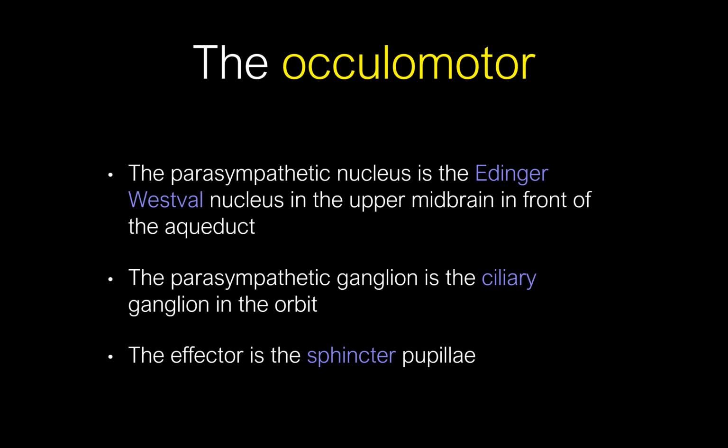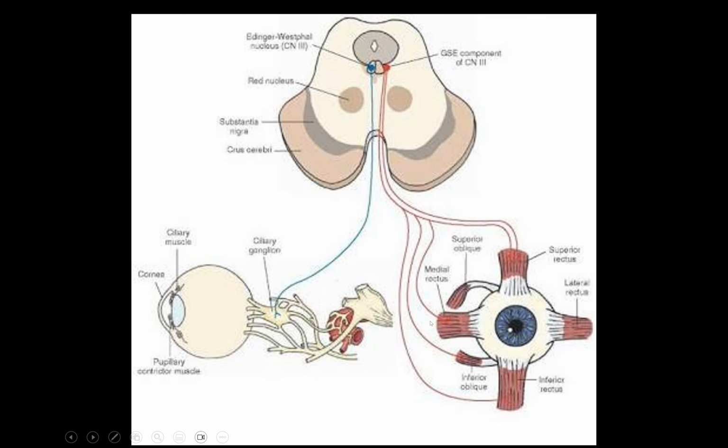So during the parasympathetic drive, you will get the constriction of the pupil, and when you get paralysis of the oculomotor nerve, you get dilatation of the pupil, like in herniation. Here, Edinger-Westphal nucleus, rostral midbrain, periaqueductal.